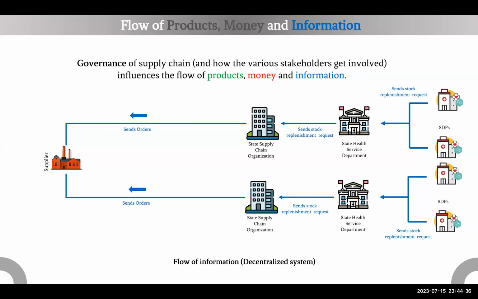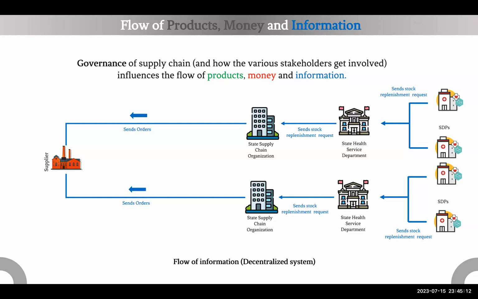In these slides, we wanted to discuss and show you how issues related to governance affect the flow of products, flow of money, and flow of information. SDP is service delivery point. Service delivery point is a standard name for any clinic, pharmacy, health center, or hospital where you can buy a product and where patients can be serviced.